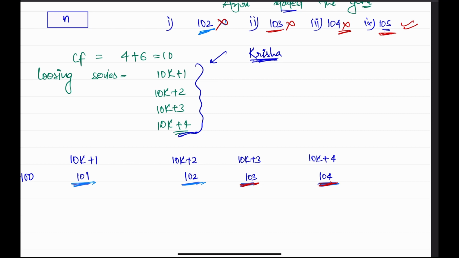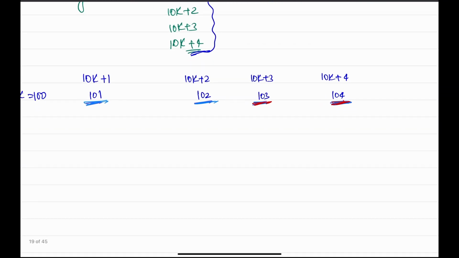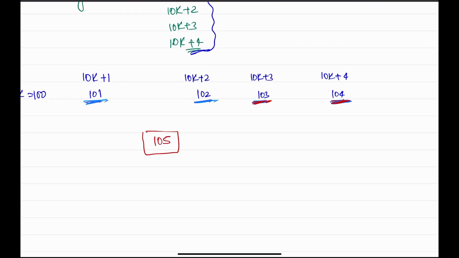But then someone will ask, how many coins should he pick to make sure that he is going to win? If 105 coins are on the table, and we know that 101, 102, 103, 104 are the losing series, he can pick 4 coins, 3 coins, 2 coins, or 1 coin.